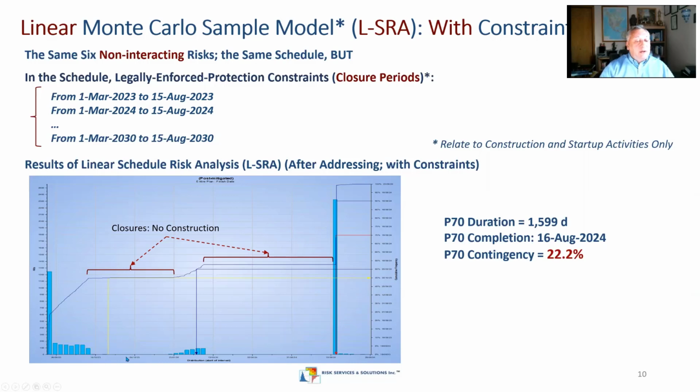As you see, there are some breaks in the curve, which is normal for constraints of the kind. And the contingency in this case, just because we added those closure periods, will be 22%, which is actually expected. So instead of 13%, it will be 22%.